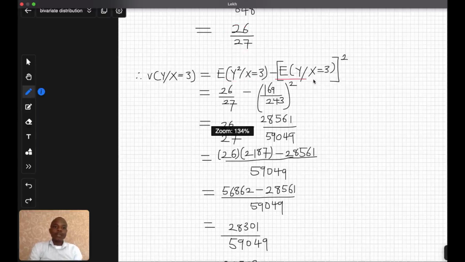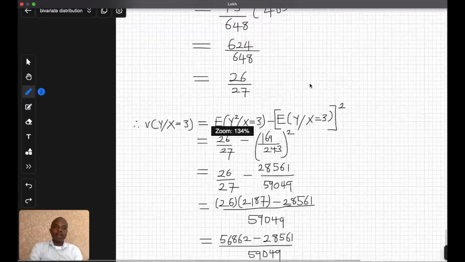And then we need the expected value of y, given x is equal to 3, which we obtained earlier on to be 169 divided by 243.